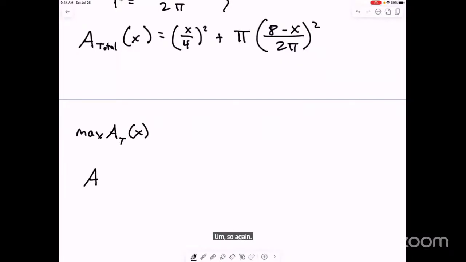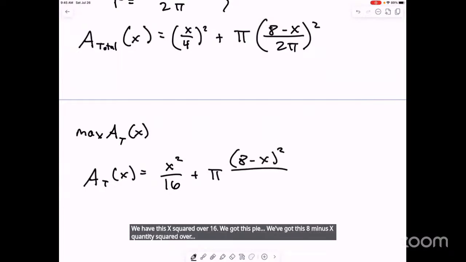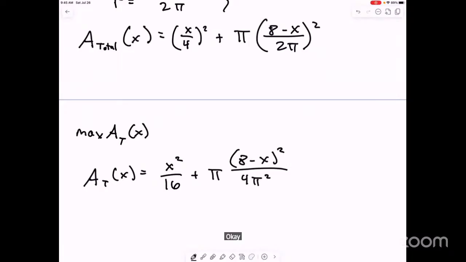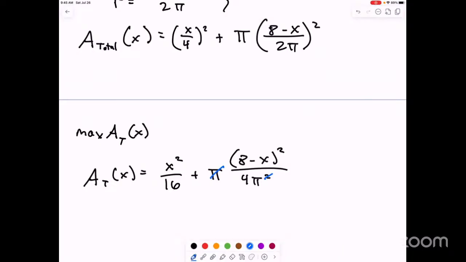So again, the total area, let me simplify. We have this x squared over 16, plus pi times 8 minus x quantity squared over 4 pi squared. Let me do some cancellations here. This gets rid of one of those. So what's our common denominator?